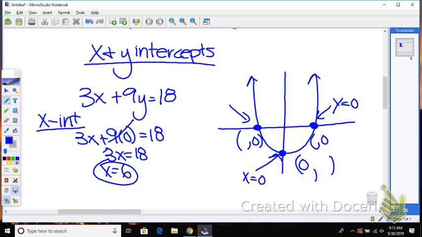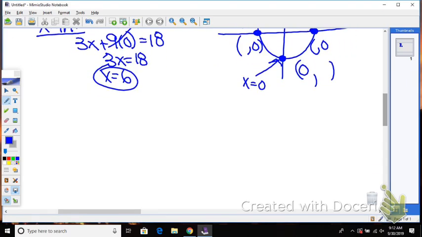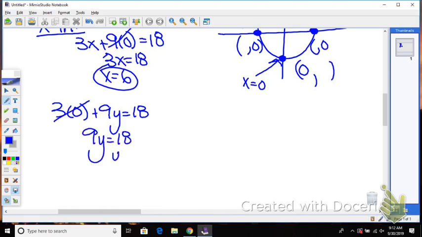And then to find the y-intercept, what are you going to make 0? X. So I'd have 3 times 0 plus 9y equals 18. That becomes 0, so I have 9y equals 18. So y is equal to 2. So whatever intercept you're looking for, you're going to make the other variable 0, because that'll show where it's crossing that axis. Easy enough?